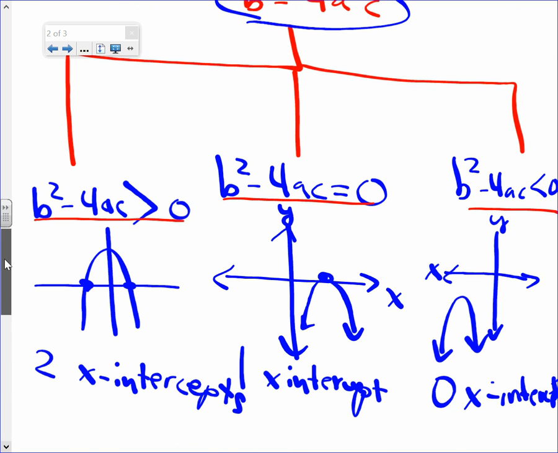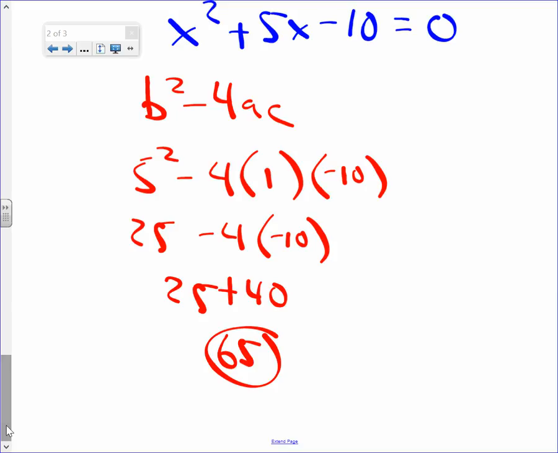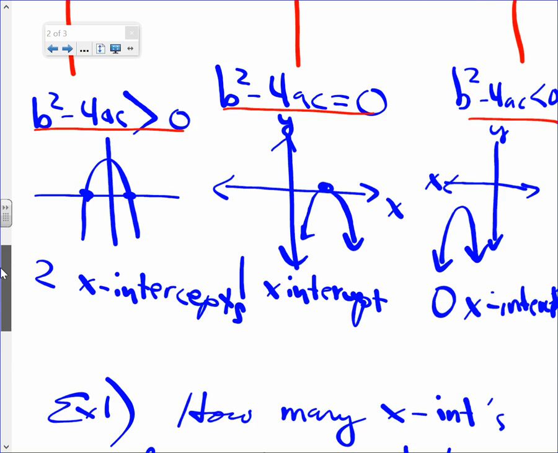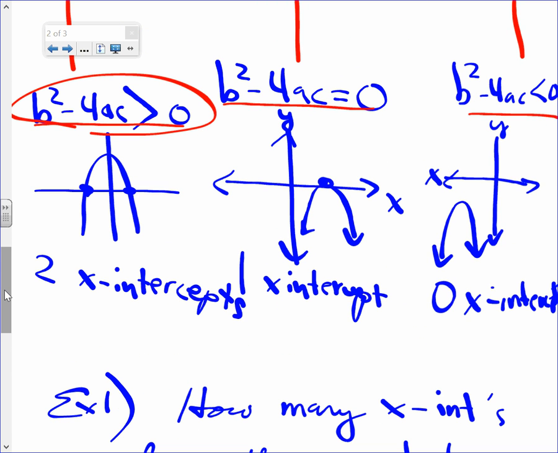What scenario am I dealing with? First, second, or third? First. So I know that if I were to graph this equation, which I'm not doing yet, but if we were to graph it, the parabola will be crossing the x-axis twice because it's a positive number. So we're dealing with this situation. Well, right here.